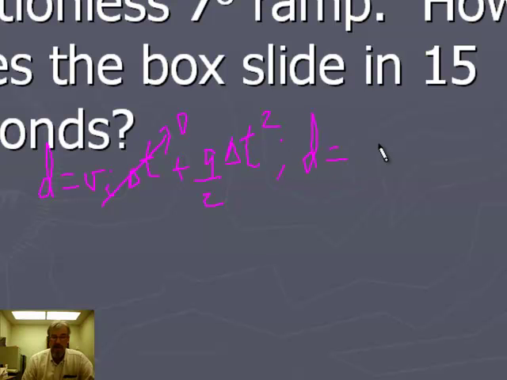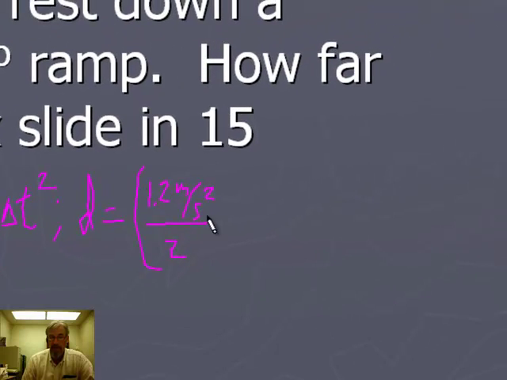So the distance it slides is going to be the acceleration, which we know to be 1.2 meters per second squared, divided by 2, times the time, which is 15 seconds, squared. Square seconds are going to cancel. Distance will come out in meters. When I do my calculation, here's what I find. 135 meters is how far it's going to slide.